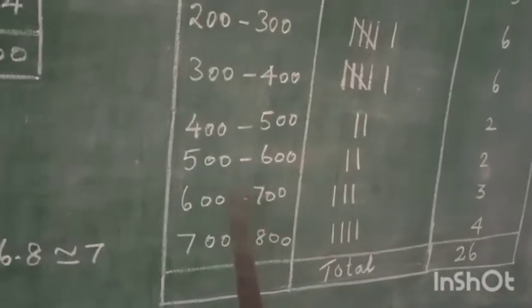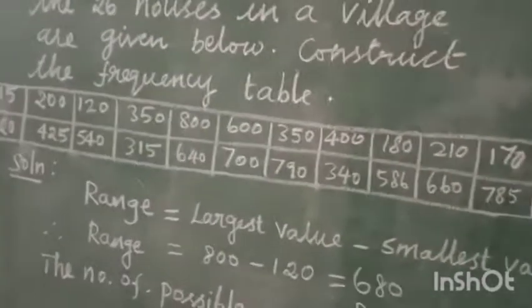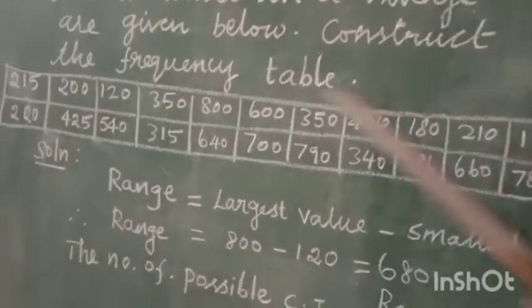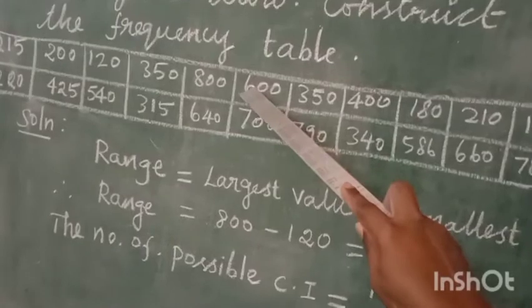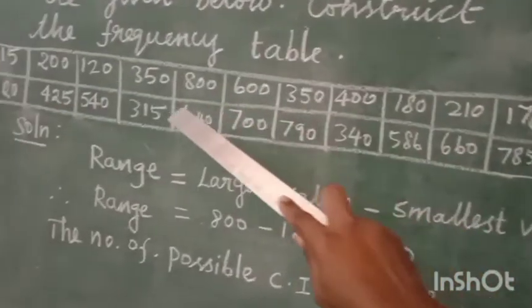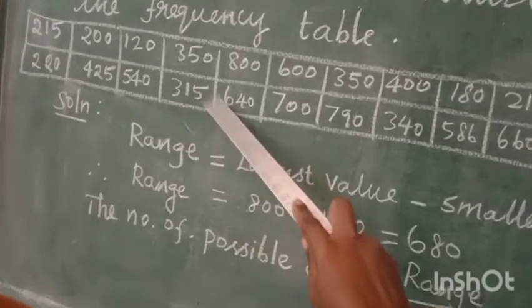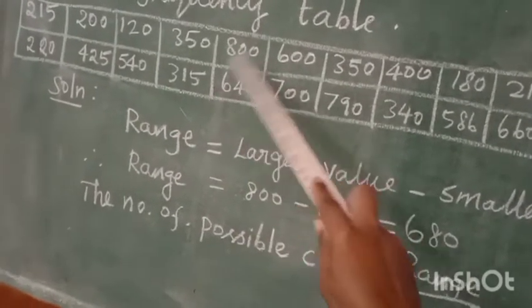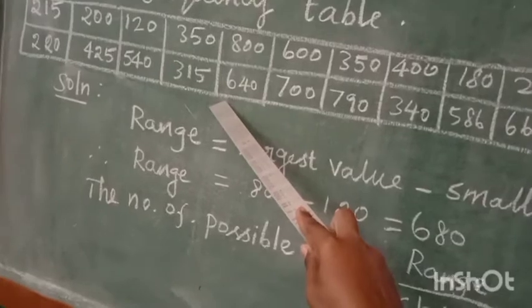Next 600 to 700. How many values are there? 600 is included: 1, 2. These two values, 600 and 640.